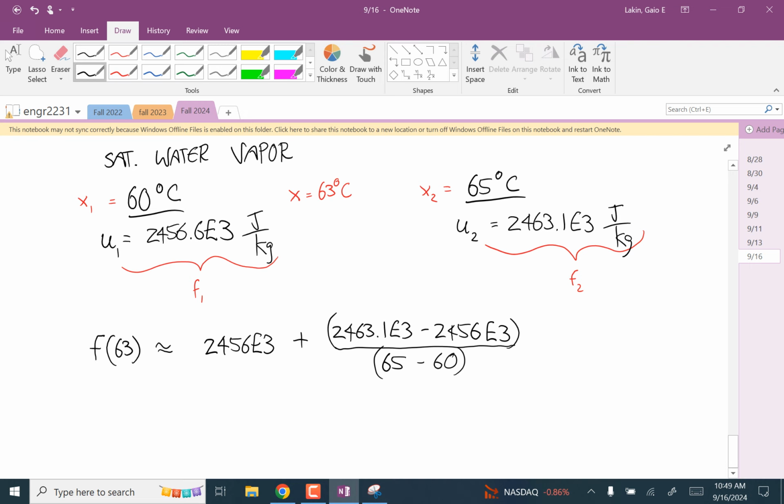And then multiplied by x minus x1, so that's 63 minus 60. I left out the decimal here, it's not a super big deal, it should be 2456.6. Okay. And what you get for your approximation is 2460.5 times 10 to the third joules per kilogram.